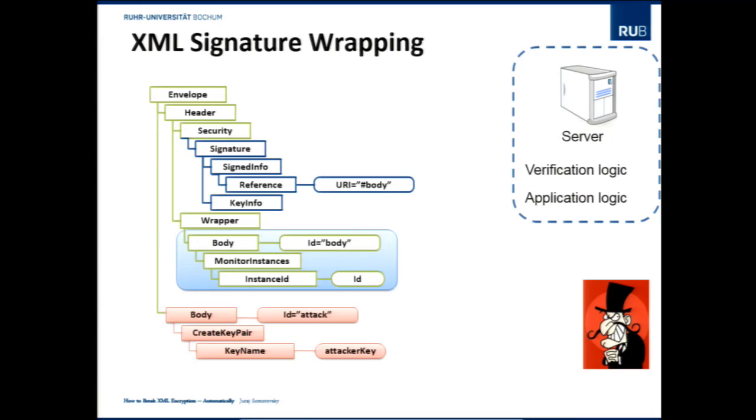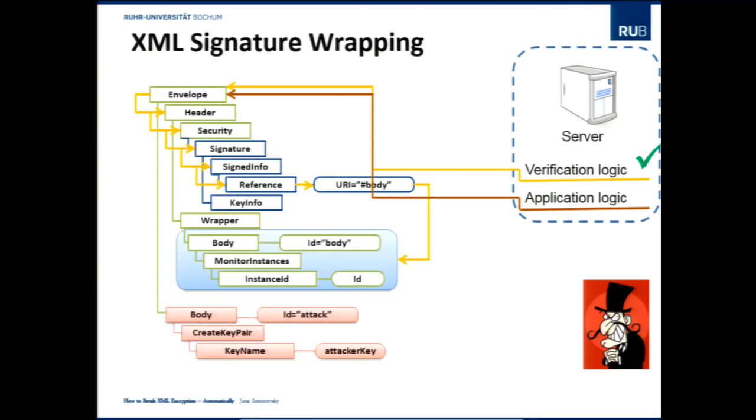What the verification logic does is go to the envelope, header, security, signature, reference, take a look at the URI body, find the element, and verify it. So everything's good, the message is still authenticated. And the application logic just takes a look at envelope, body, and invokes what's in the body. So that's a problem: different views of the same message.